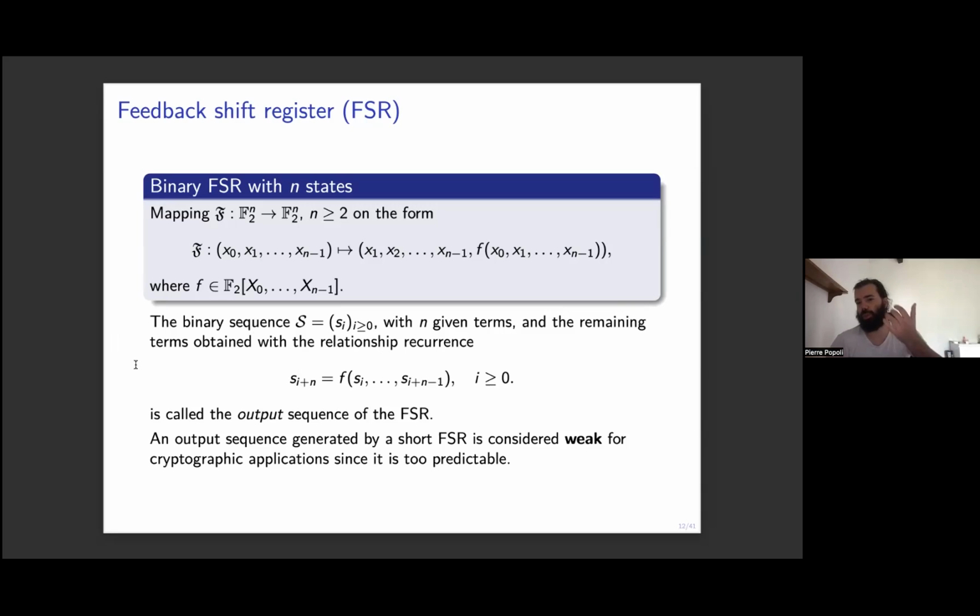If your feedback shift register is too small, then you can consider that it is weak for cryptographic applications because it will be too predictable. So if you want a robust sequence, it should not be generated by a too short FSR.